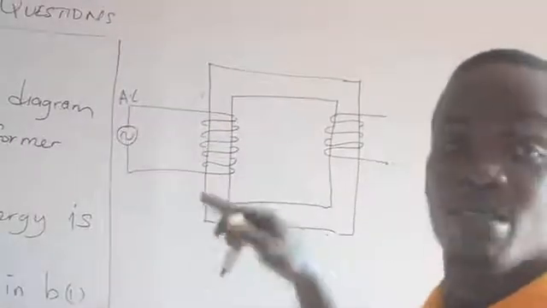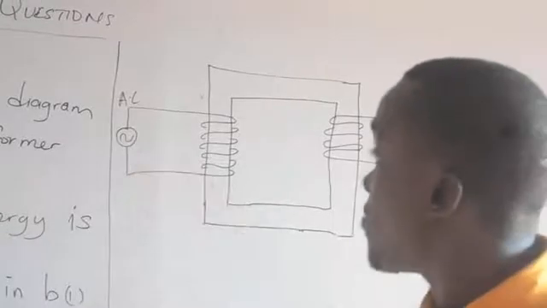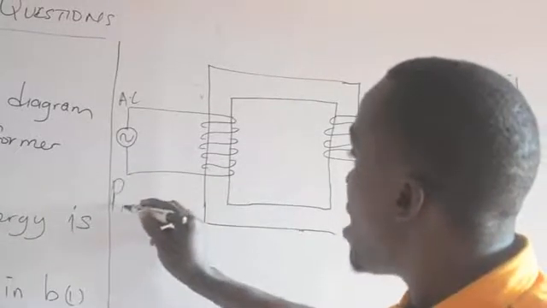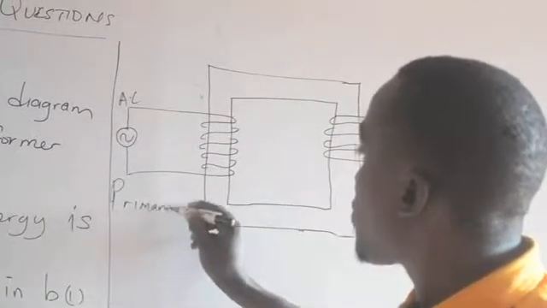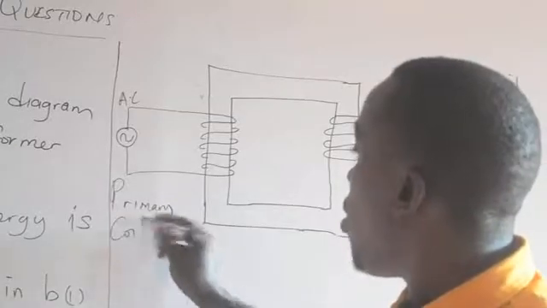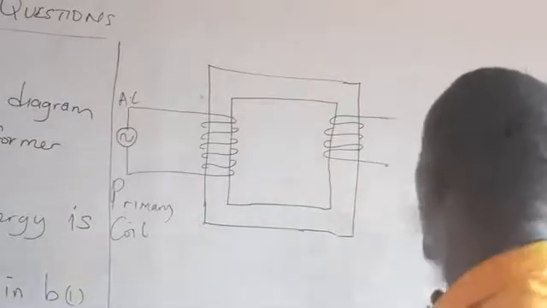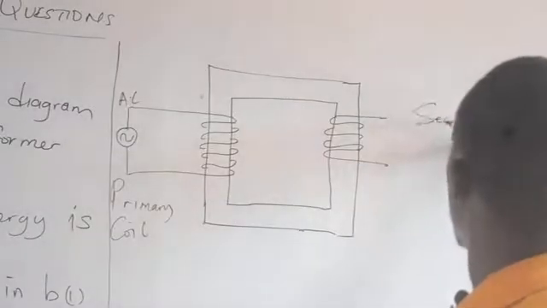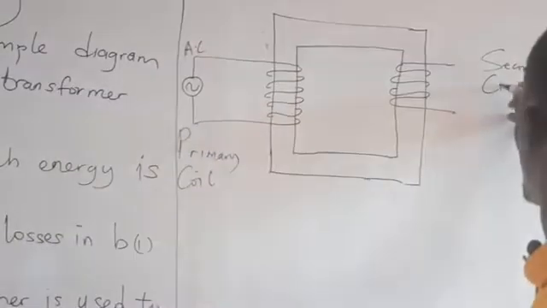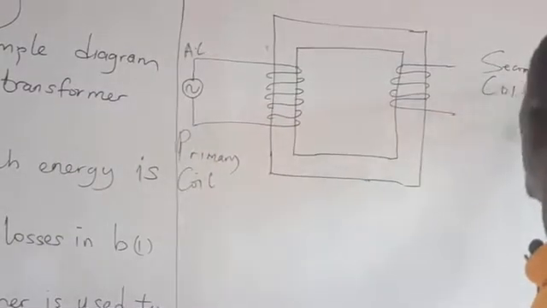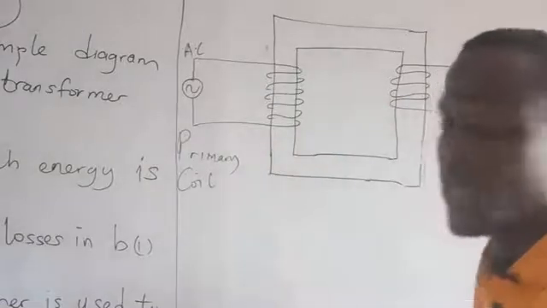Since this is the AC circuit, where the flow is coming from, this is going to be our primary coil, or the primary winding, while this one will be the secondary coil, or the secondary winding.